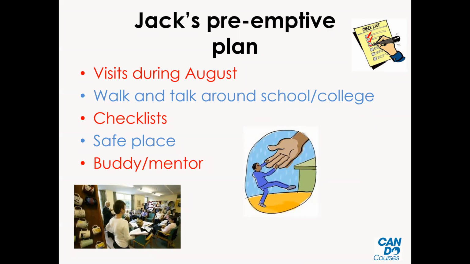And then we gave him a buddy in the college, an older student who was very reliable, and when he joined in September, we buddied them up, so there was a place for them to go and meet once a day where they could have a talk about things. So we preempted all of Jack's issues that we knew of before he came.